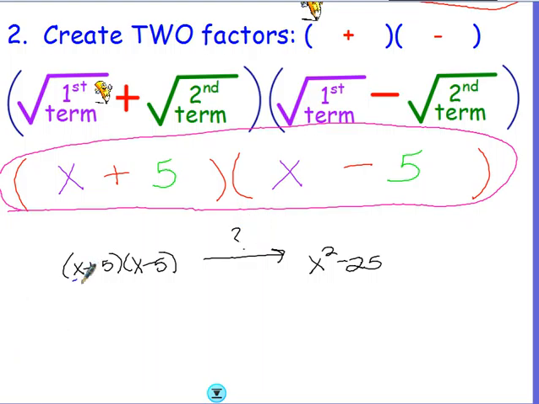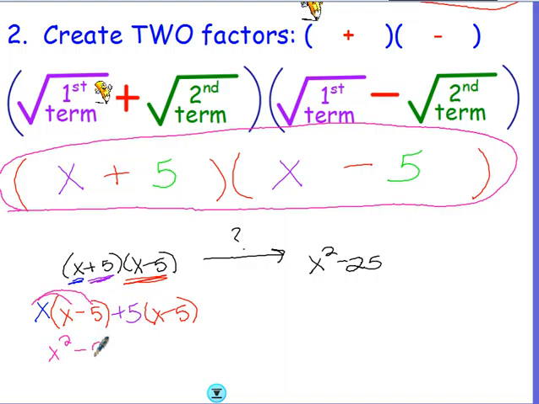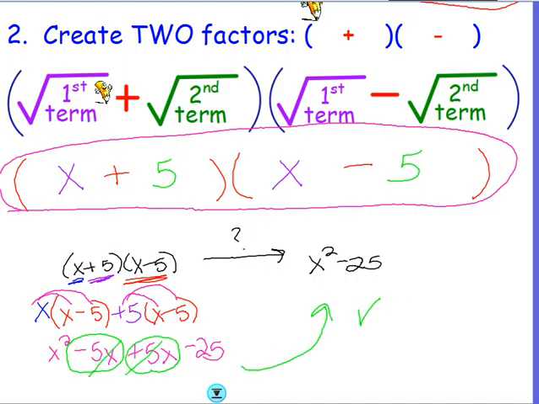If I take this x and I want to distribute it to this binomial, I have x minus 5, and then I have positive 5 that wants to distribute to x minus 5. And what happens is I end up with x squared minus 5x plus 5x minus 25. And when I combine my terms, the middle terms combine to 0, and I end up with x squared minus 25.